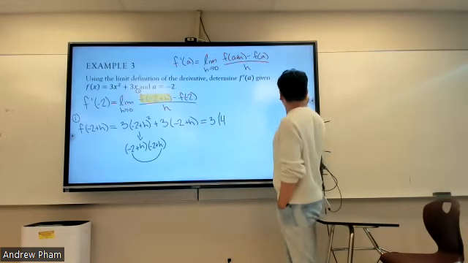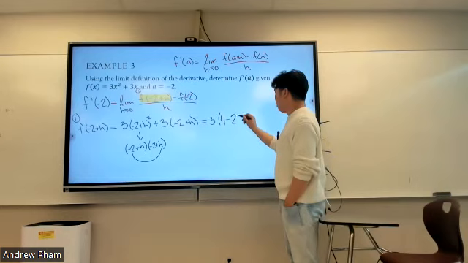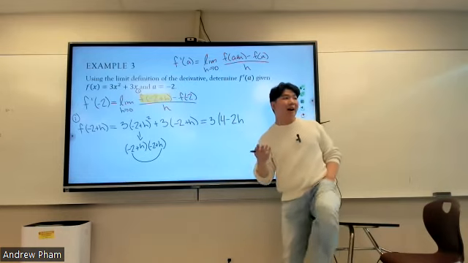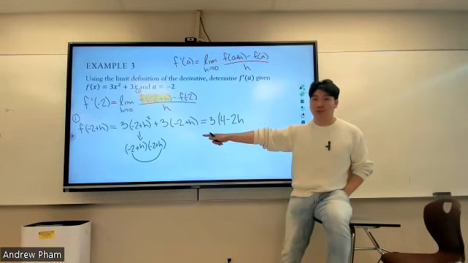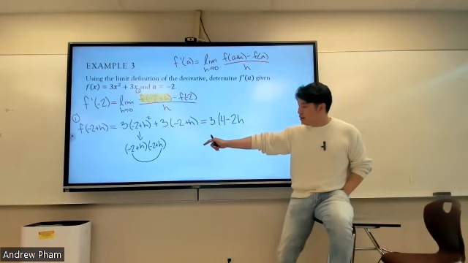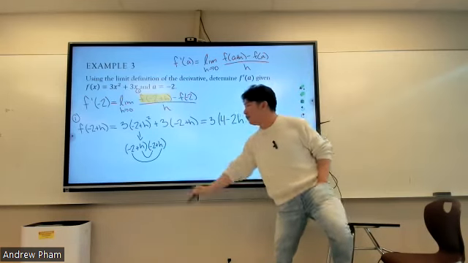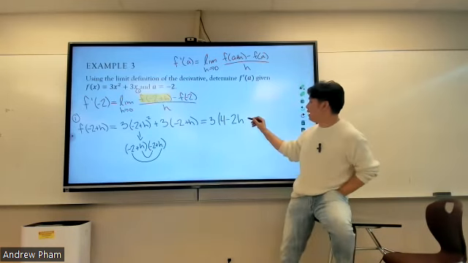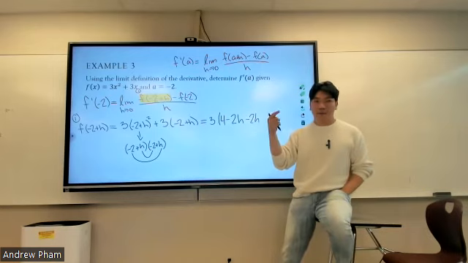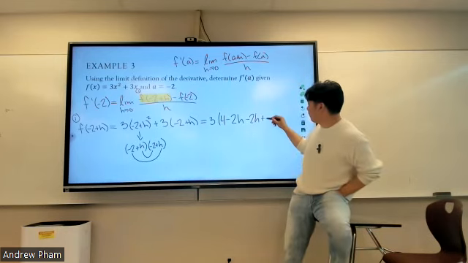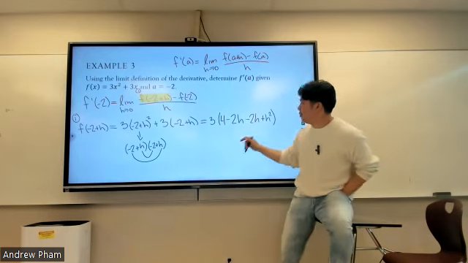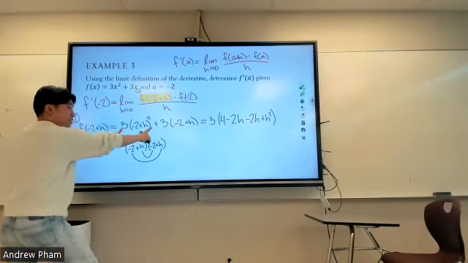The next part of my acronym for FOIL, I, is insides. What happens if I multiply the inside terms? If I multiply the inside, -2 times h, I get -2h again. And then the last thing for FOIL ends with an L, h squared. So that's this portion right here.